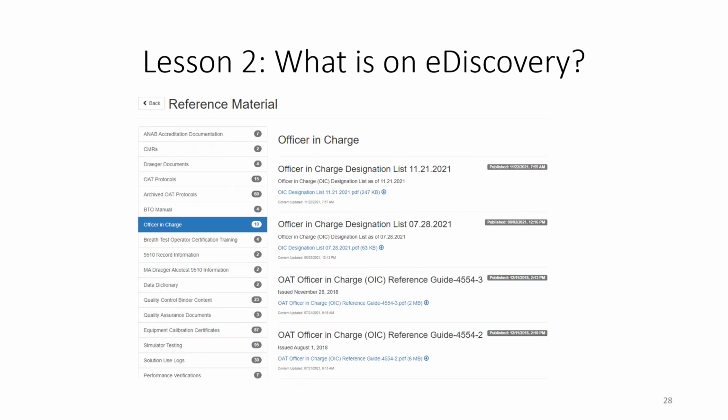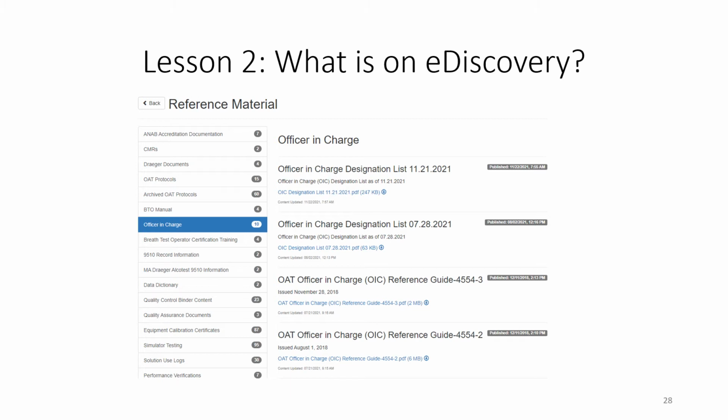The eDiscovery portal also has some documents related to the responsibilities of the officer in charge. So under the tab, under reference materials, that's entitled Officer in Charge, there are a number of documents there. A few of them are the Officer in Charge designation list.